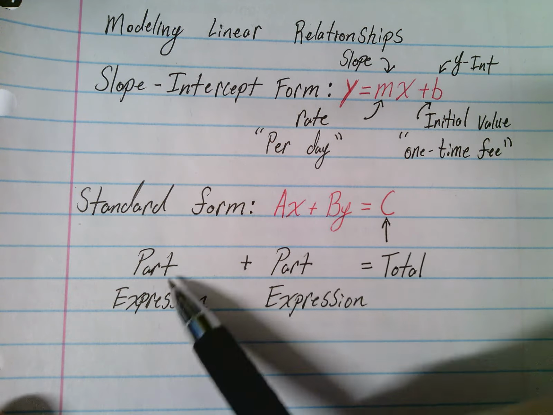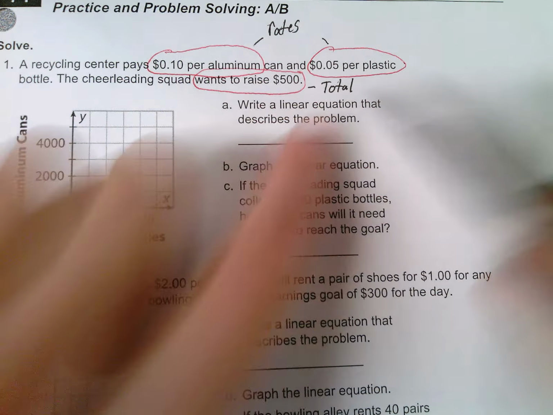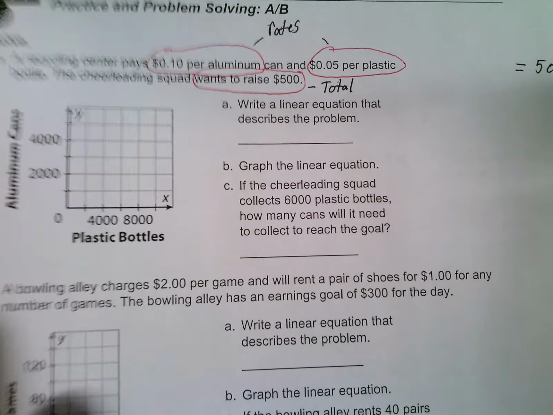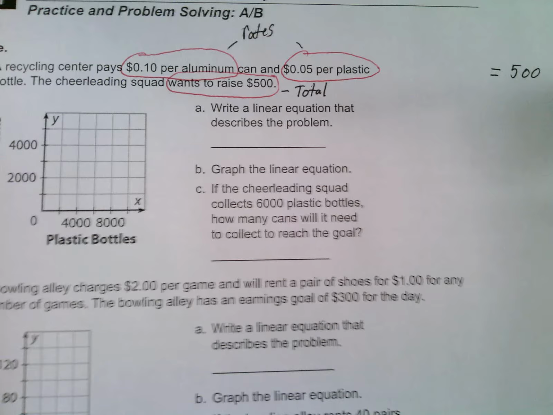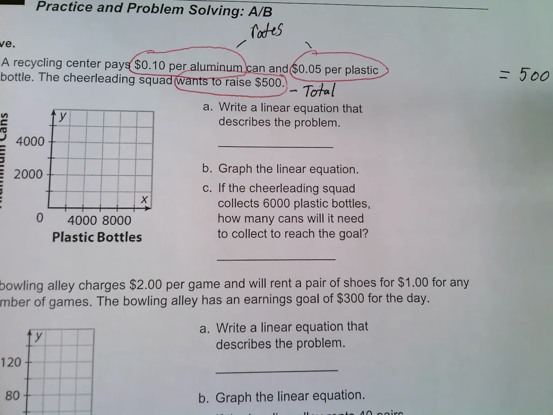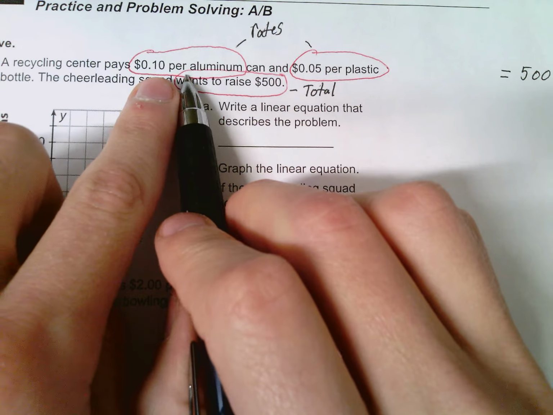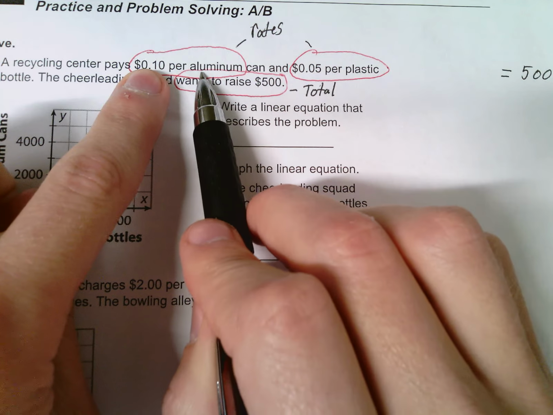So now I need to write an expression for the first part of my total. Well, let's think about it. What is totaling to $500? The first part of that $500 is going to be my aluminum cans. How can I write 10 cents for each aluminum can?